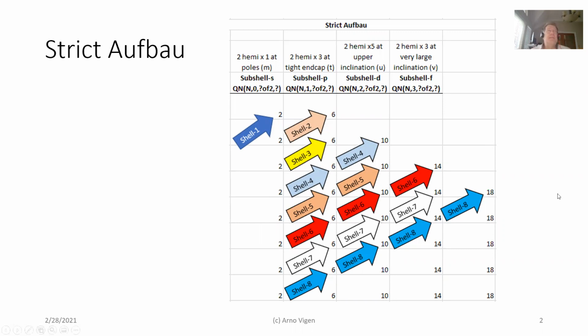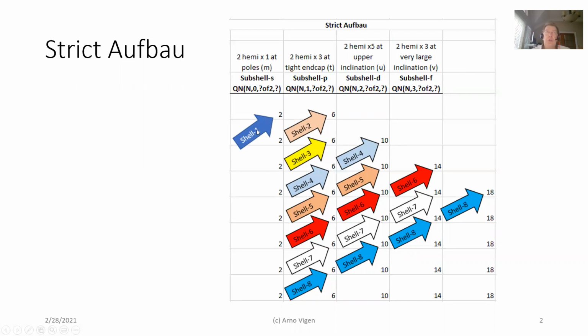And in part, it becomes this abstract system of numbers with 2, 6, 10, 14, and such, building up in sort of a straight then diagonal process. So subshell S has 2, subshell P has 6, subshell D has 10, and subshell F has 14.